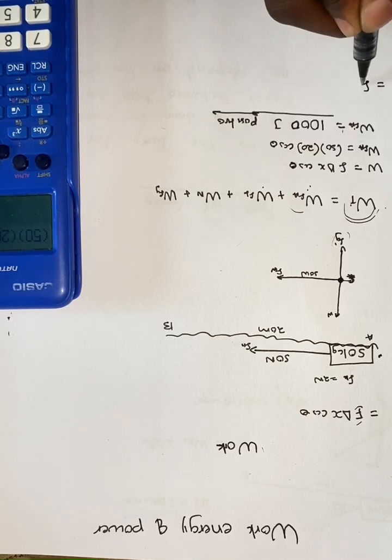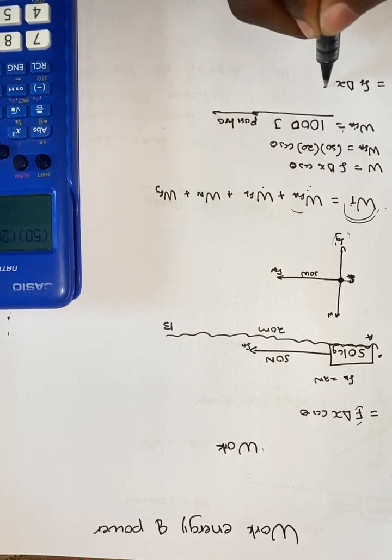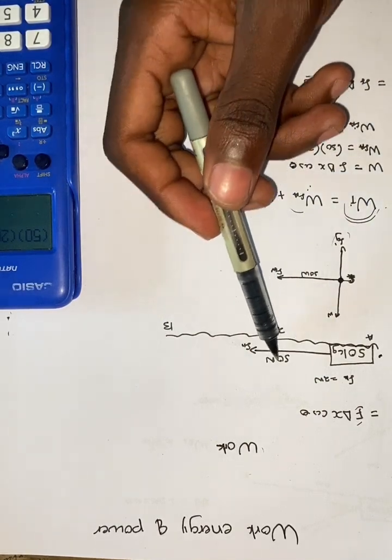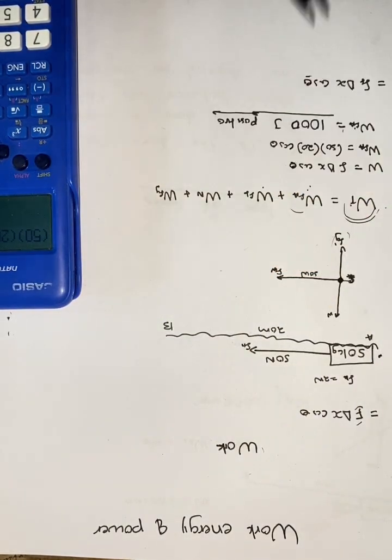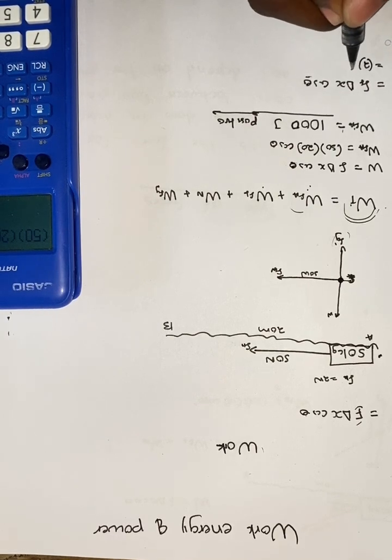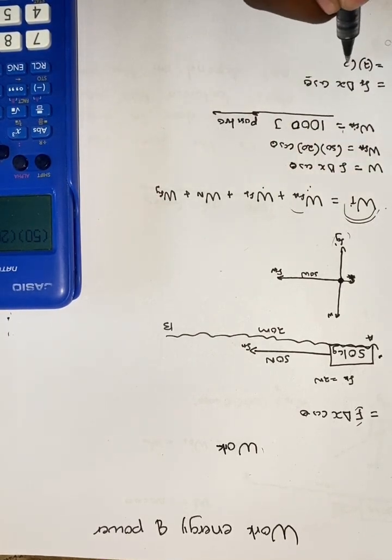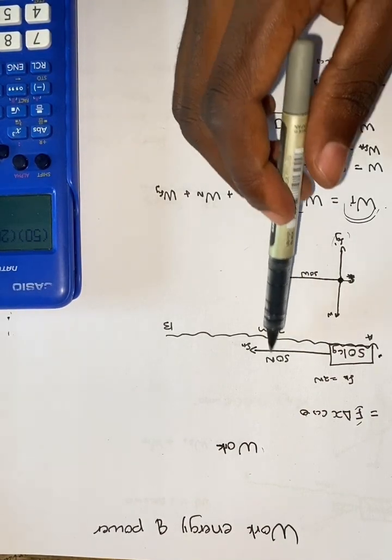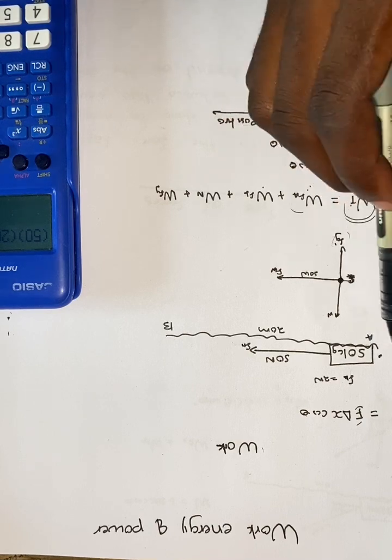It will be equal to friction force Δx cos theta, and this theta is the angle between the displacement and the direction of the force. We are given that friction force is 2 Newton, and the displacement is 20 meters. Cos theta. Theta is the angle between the displacement and the direction of the force.